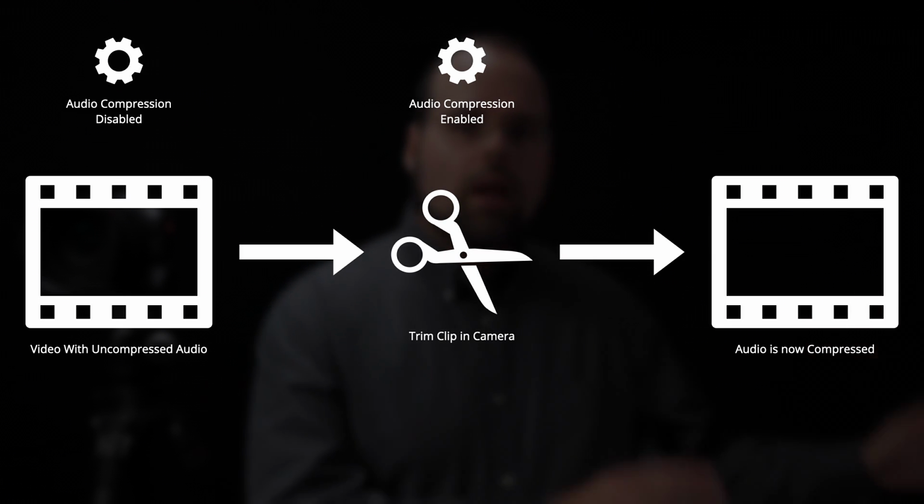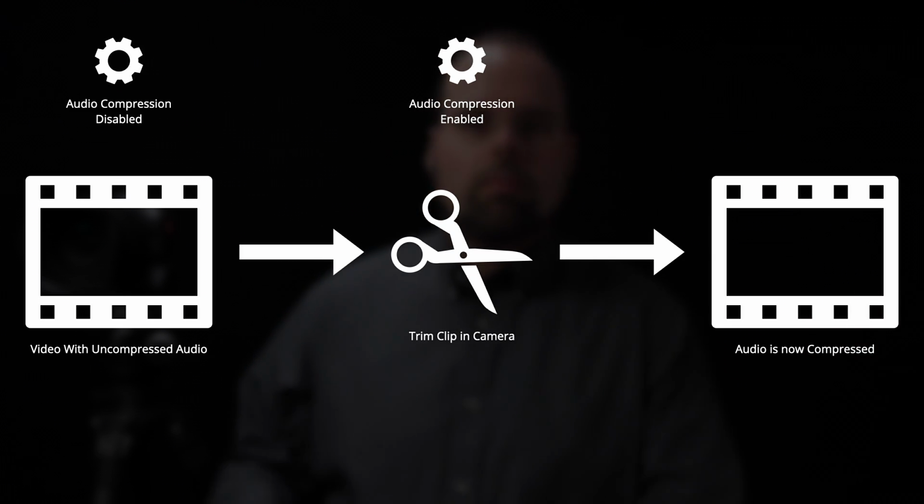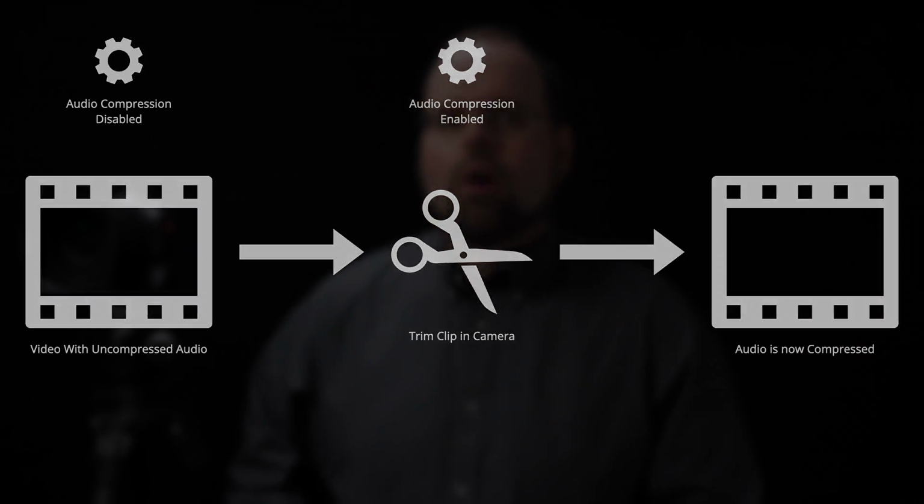So you're going to go from an uncompressed clip to a clip you've trimmed that is now going to have compressed audio. The inverse is not true. If you take a compressed clip and you run it through the trimming functionality on the camera, you do not get an uncompressed clip out of it if compression was turned off when you edit that video.